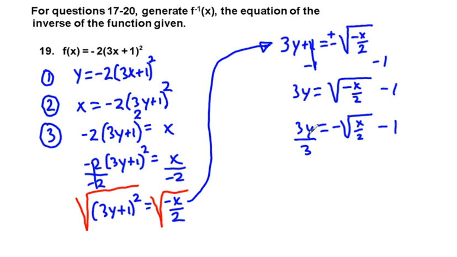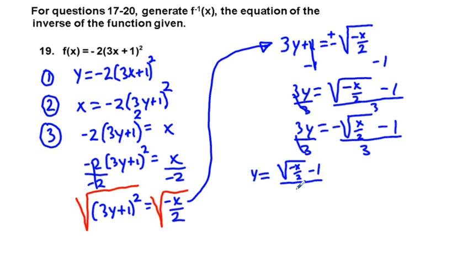Last step, divide by 3. And that will cancel. We have to do the same thing on the other side. So we have y equals the square root of negative x over 2 minus 1, and divide that by 3. And also we have y equals negative square root of negative x over 2 minus 1, and divide that by 3.